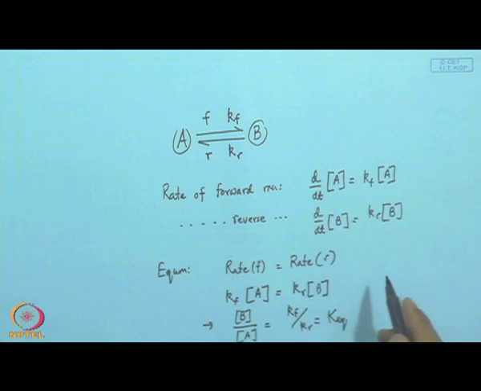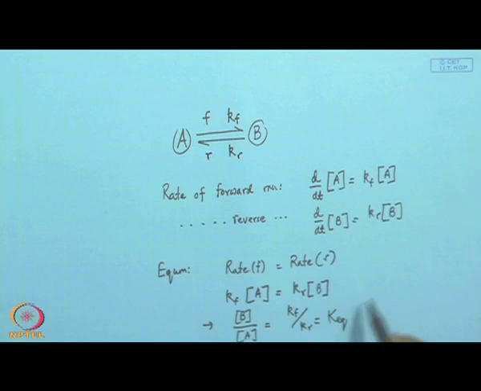Why? As I will be coming to later on, the effect of temperature, because you will be seeing that if you change the temperature of a reaction, it enormously affects the overall rate. Okay. So, that is why this equilibrium constant is a very much temperature dependent quantity.